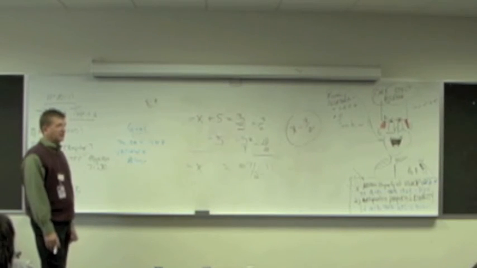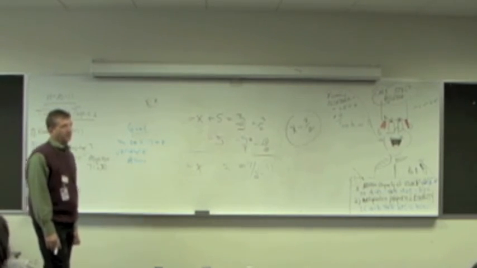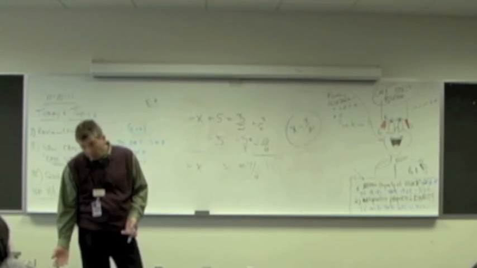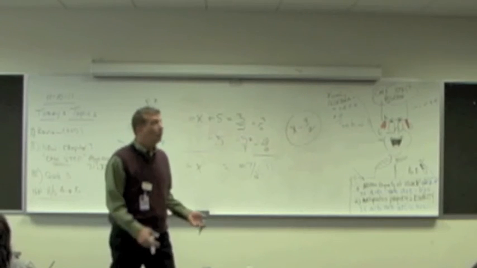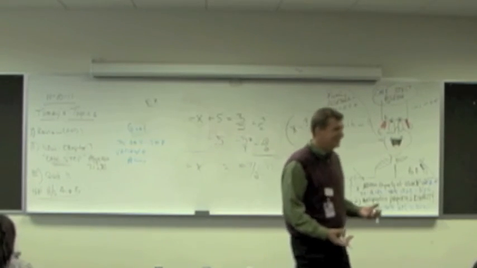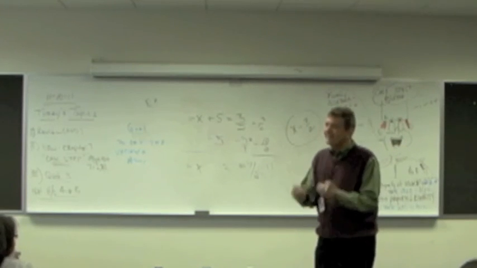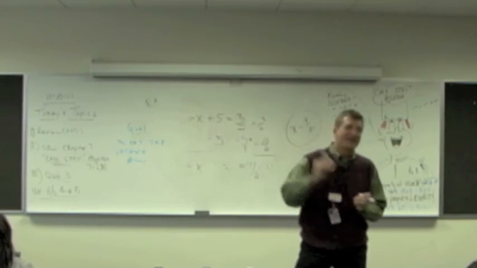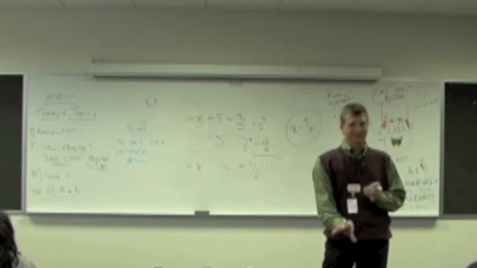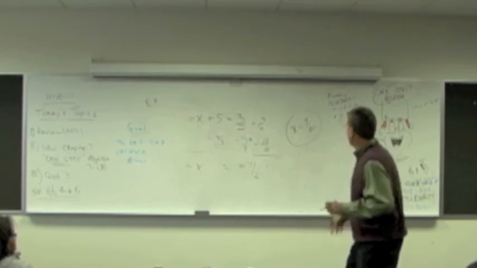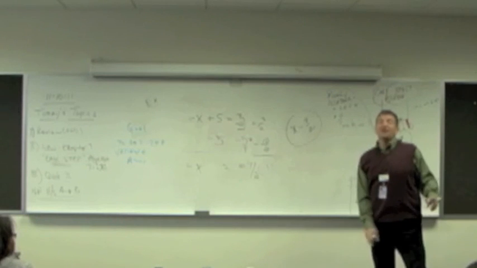It's like teaching negative, like Eeyore from Winnie the Pooh. You want to make everything positive, kind of like your math teacher. Okay, so basically I got x equals 7 halves.